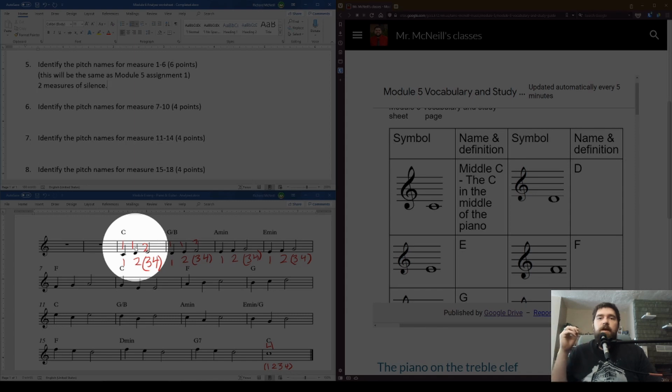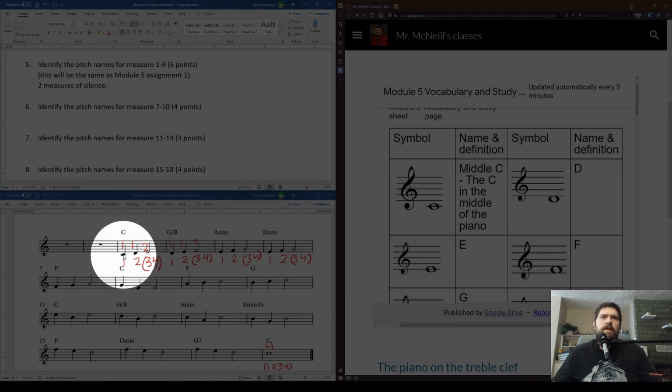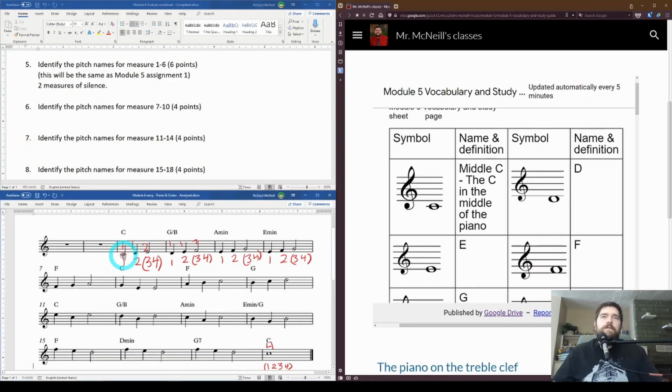This letter name helps us identify the specific note that any instrument can play or anybody can sing. So let's take a look at each individual note, starting with this note right here.